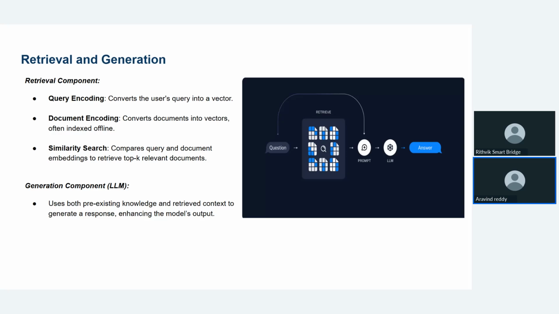After that pre-processing, we send that vector information to components like the query encoder, which converts the user query into a vector. The user gives some text information, and that text is converted into vector form. The documents we gave are already converted into vectors, and it will do a similarity search: compare the query and document embeddings to retrieve the top k.